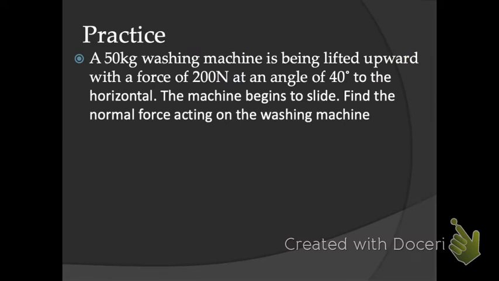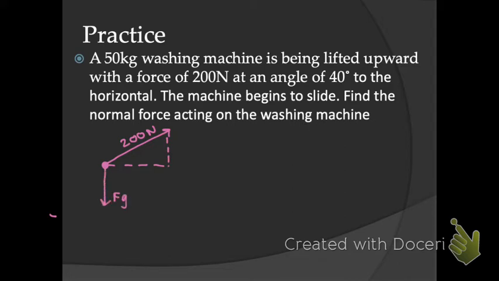Okay, so our object or our diagram here looks pretty similar, actually. Actually, let me draw it a little bit bigger. Okay, we've got a force being applied here, 200 newtons. And we've always got gravity.